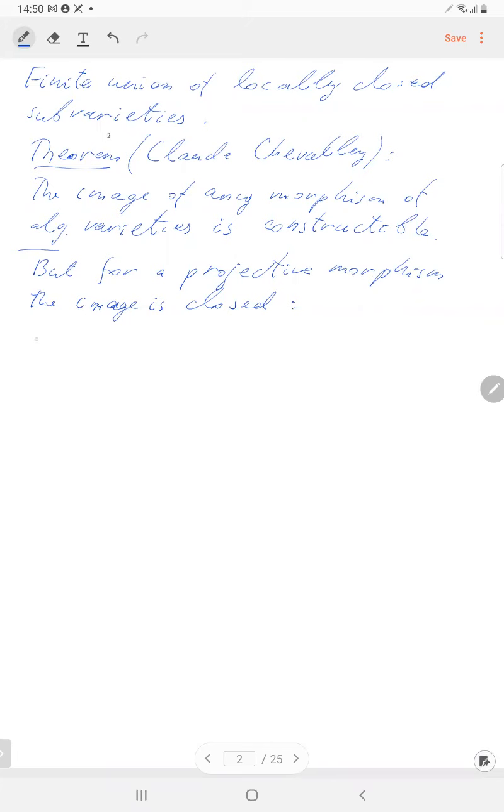Let's consider Y times projective space, and inside, let's consider any closed Z. And there is a projection morphism to Y here, and there is a composition like this. And this diagonal composition is called projective. So it's just an immediate corollary of our main theorem.